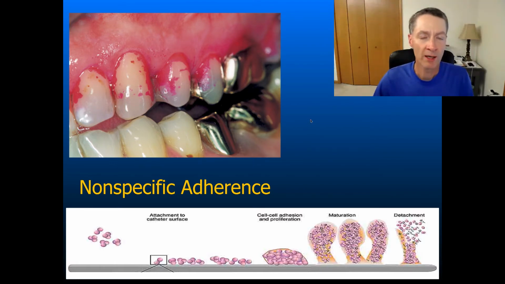The communication among organisms on these kinds of surfaces is pretty amazing, especially with biofilms. This shows you kind of an evolution of what a population of bacteria will do when they're in a biofilm form. They will bind and attach, for example, to catheter surfaces, like a Foley catheter, and they will grow, of course, and proliferate.